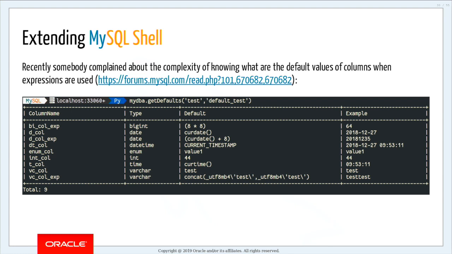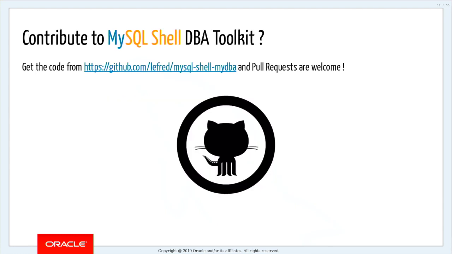This is an example of what it could be at this time. So very useful also to know what are the defaults for your table. When there is something complicated to do, you can extend and create modules for that. If you want to contribute to this DBA toolkit that I've created, also on GitHub, pull requests welcome.